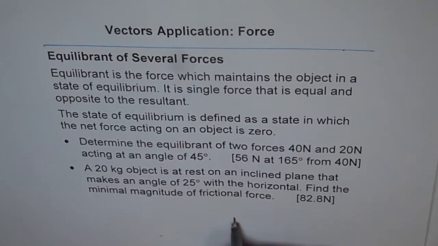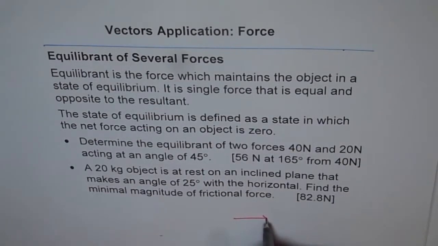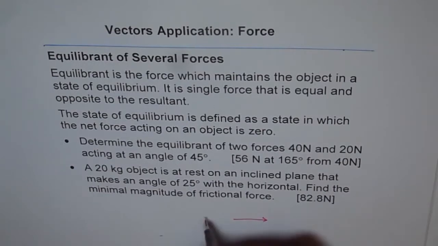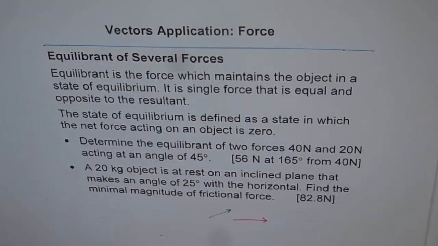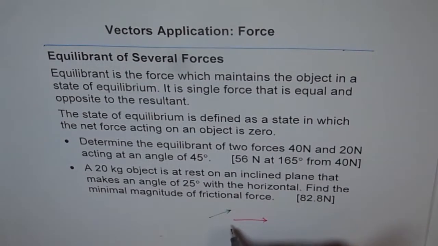Let us say we have a force in this direction and we have another force, let me take another ink, let's say in this direction. Now when these two forces are acting at a point, then you can find a resultant of these forces by vector addition of forces, correct? Force is a vector. It has magnitude and direction.